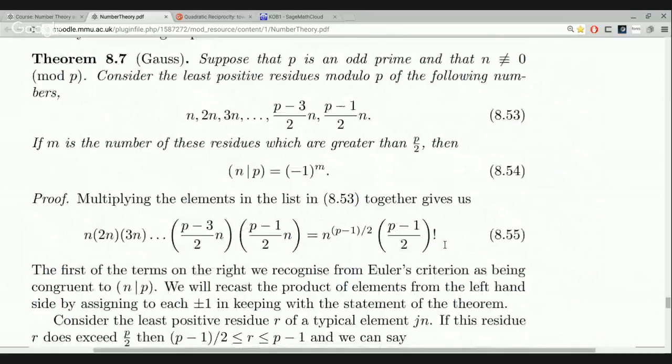Okay, so let's see if we can apply this. I think some of the tutorial exercises ask you to apply this method to calculate the Legendre symbol. Now to see it properly, we need to choose a moderately high prime. Let's go for 13.